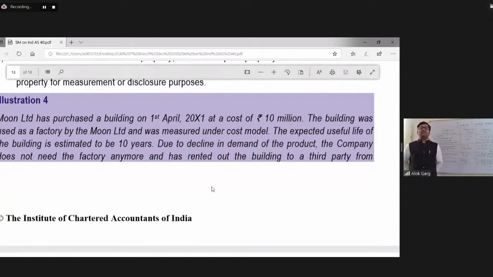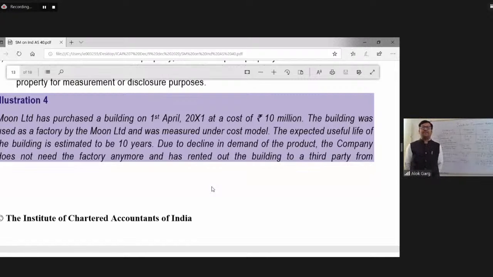Moon Limited has purchased a building on 1st April 2001 at a cost of rupees 10 million. The building was used as a factory by Moon Limited and was measured under cost model. The expected useful life of the building is estimated to be 10 years.